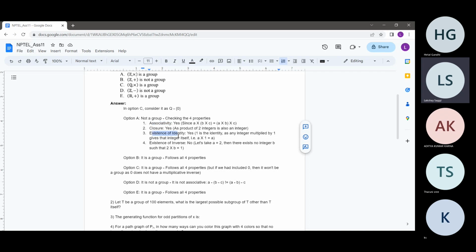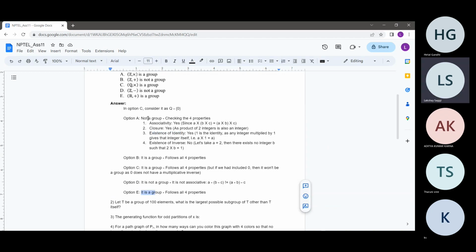And existence of identity: since zero is a real number, zero will be an identity because any real number plus zero will give me that real number itself. And similarly, existence of inverse: for a real number x, minus x will be its inverse. So that's why it is also a group.